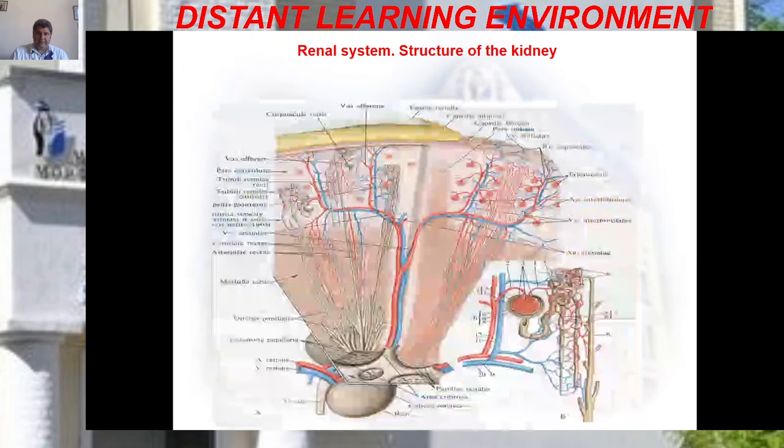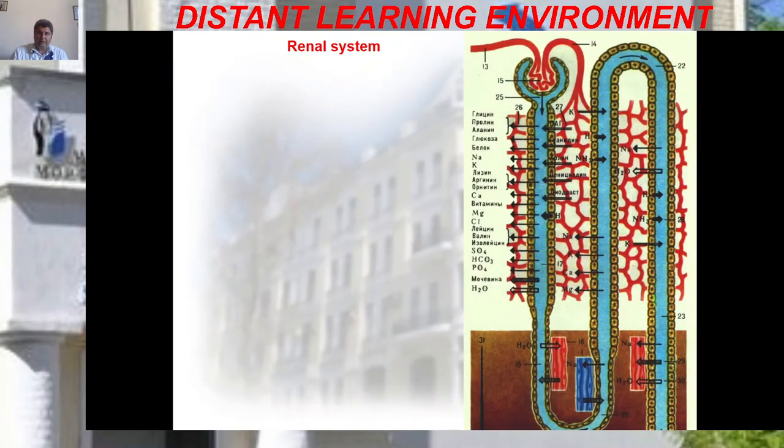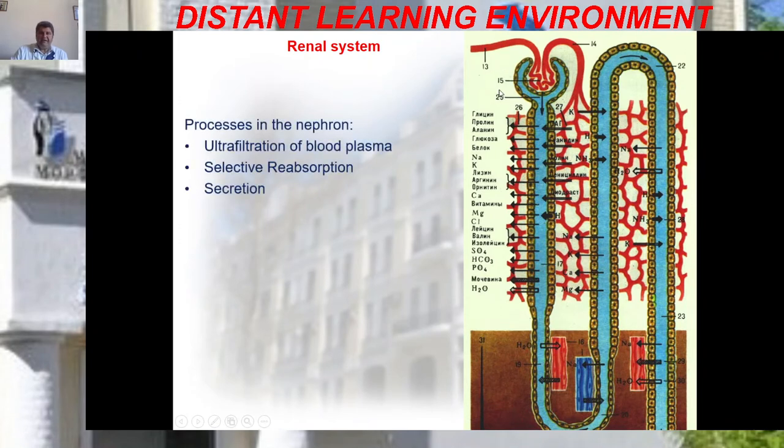So you may see the nephron here, and I repeat the three processes which go on in the nephron. And so you may see ultrafiltration, forming primary urine.